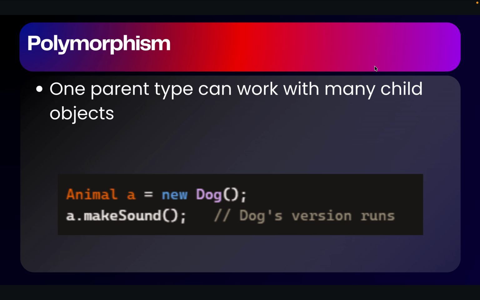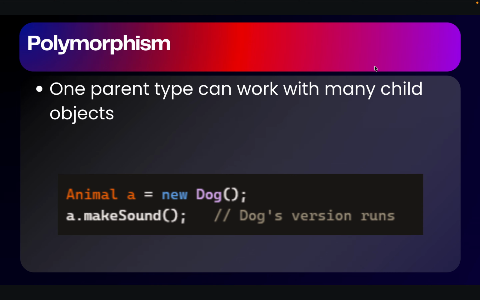So in this example, we're saying that animal A is going to equal new dog. The reason this works, and the reason we're not saying dog A equals new dog, is because technically dog inherits from animal. So by default, it is of type animal. The dog is associated to animal because it is an animal.